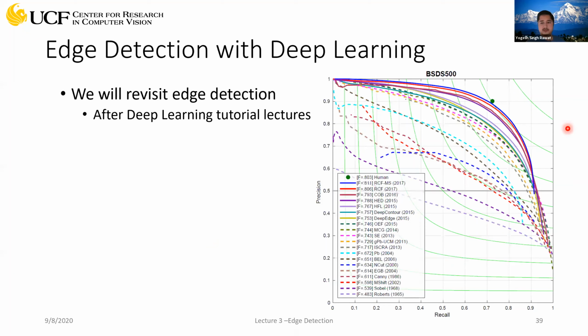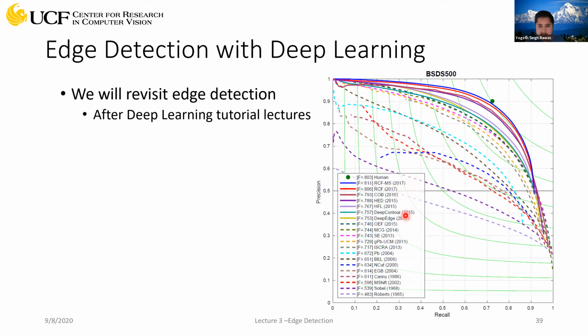Now, just to give you an idea, the Sobel and the Prewitt were around 1968. So these curves around here. And this green dot we discussed last time is human level performance. And we want to reach this particular location.